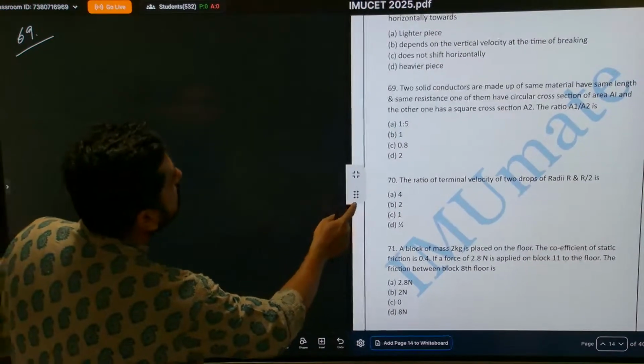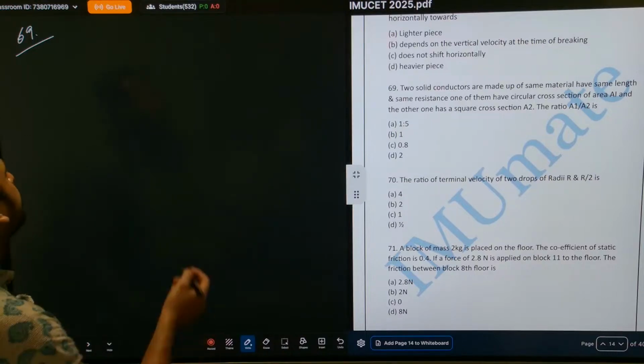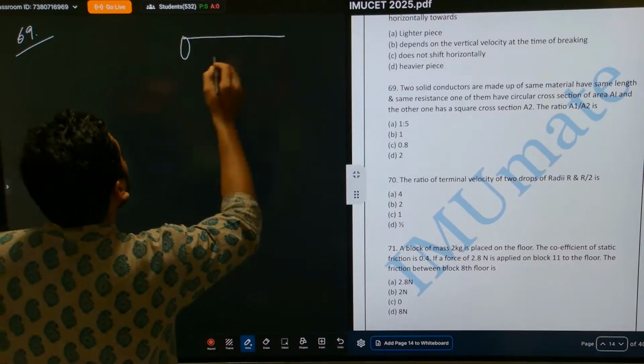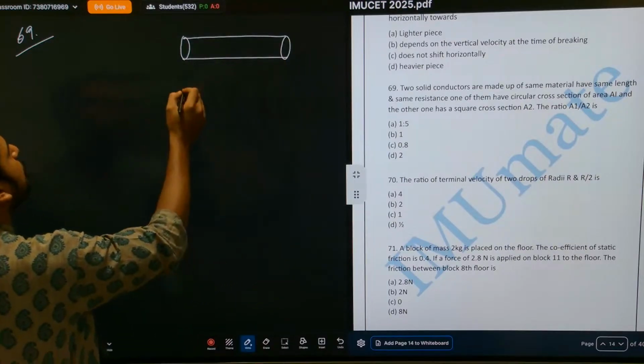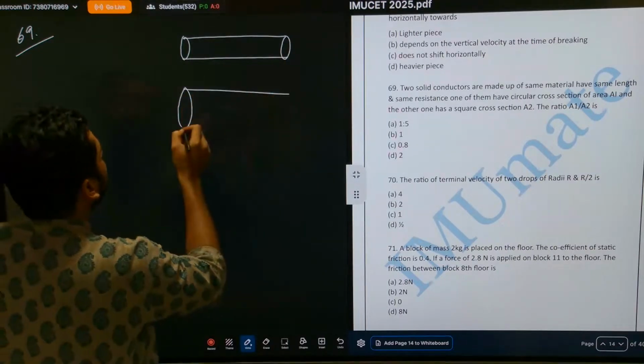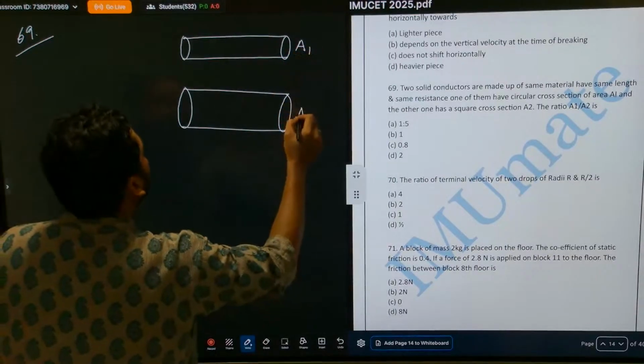Now look, 69: two solid conductors made up of the same material, same length and same resistance. So everything is the same, length, resistance, but only one thing is different. What is that? Area of cross section.